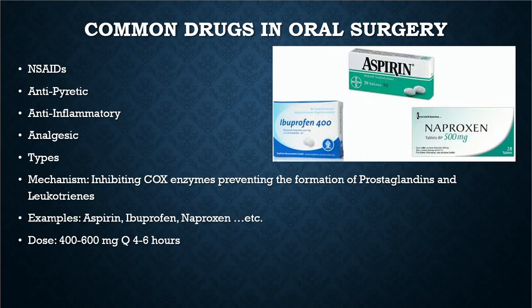Including aspirin, ibuprofen, naproxen, diclofenac sodium, diclofenac potassium, and so on. Now, we have 2 mechanisms. We have the COX enzymes, COX-1 and COX-2, preventing the formation of prostaglandins and leukotrienes. The dose usually 400 to 600 milligrams depending on the medication, 4 to 6 hours per day.